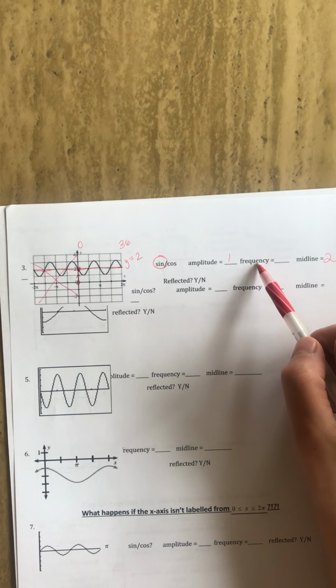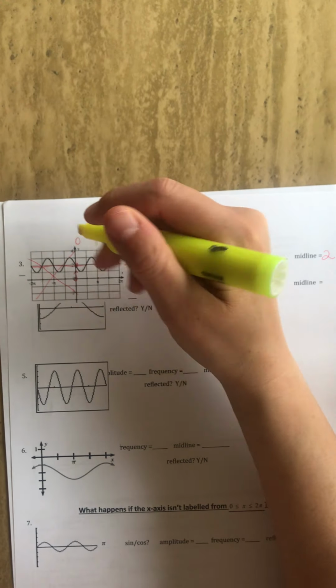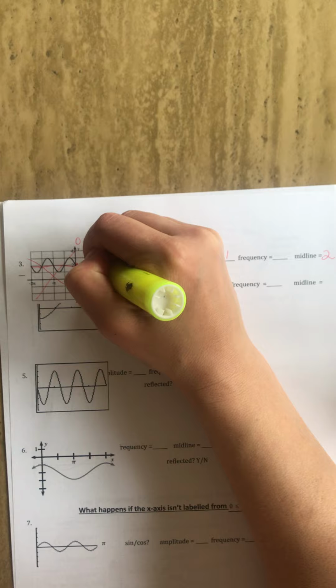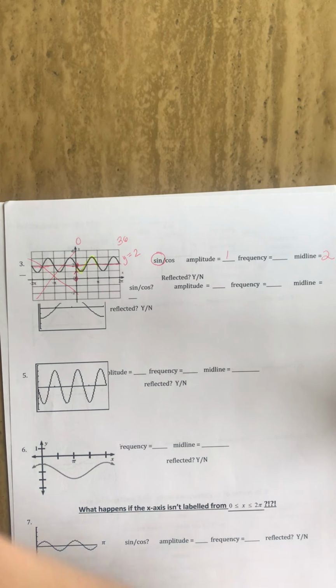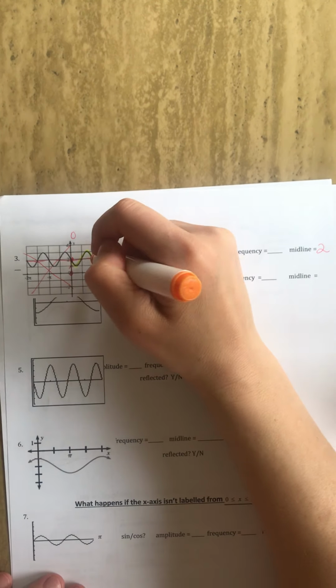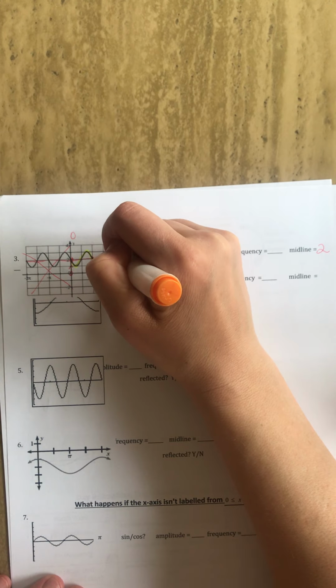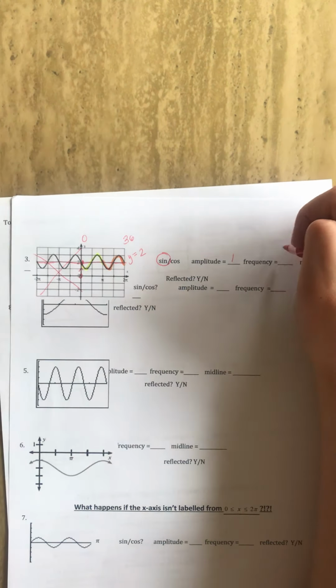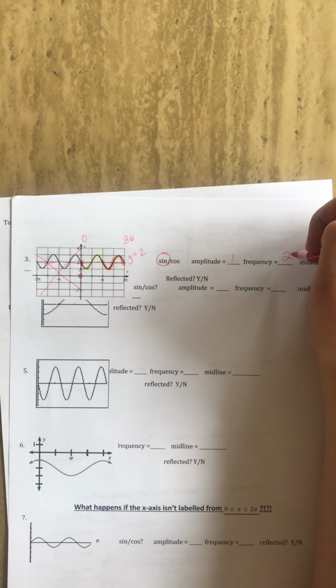The frequency, we're going to start at the midline, hit the midline again, and that's 1. Start at the midline, end at the midline, and you're going to see that that's 2. So we have a frequency of 2.